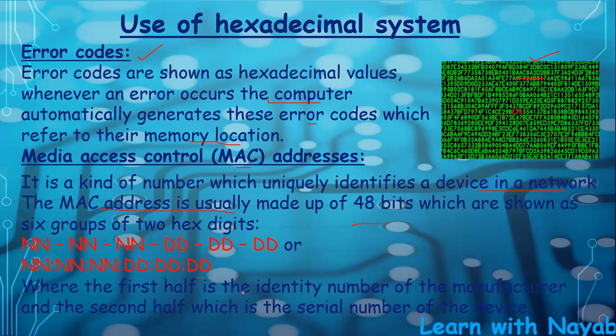The first half is the identity number of the manufacturer, and the second half is the serial number of the device. So whoever made the device, there is the identity number of that manufacturer, and this is the serial number of the device itself.